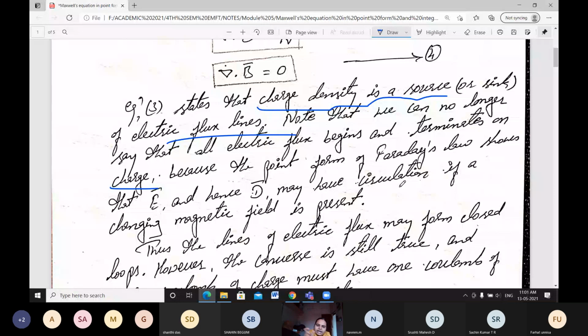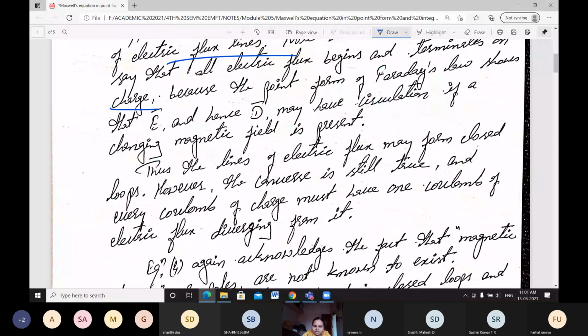Thus the lines of electric flux may form closed loops. However, the converse is also true: from a closed path we can also generate electric flux.